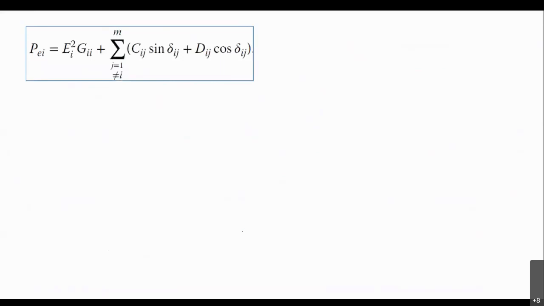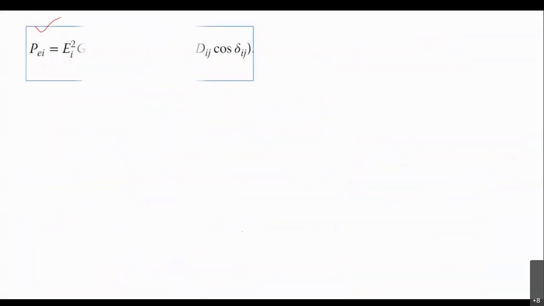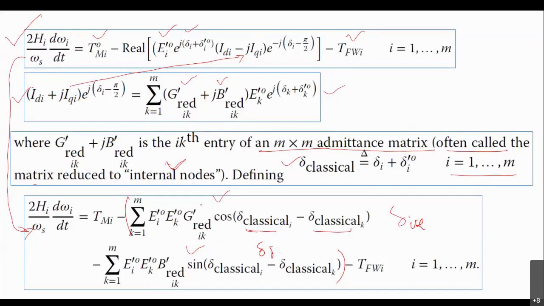So now we can write the equations in this form. If we write Pi, so Pi I can write, because the Pi is here from here to here. So I can write this Pi in this form. So when j equal to i, your term will become Ei square Gii, and for the other terms, Cij and Dij are the constants. They are represented by these terms.